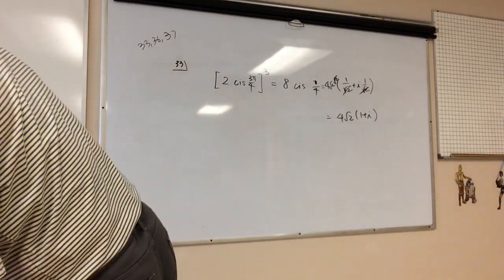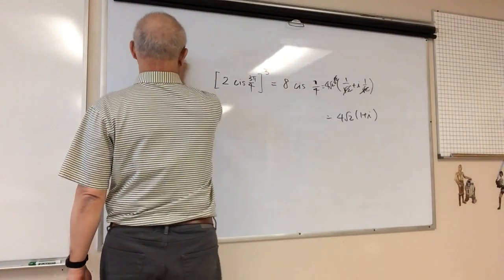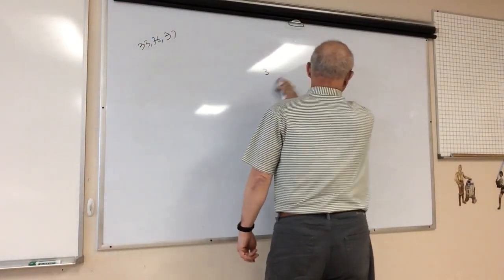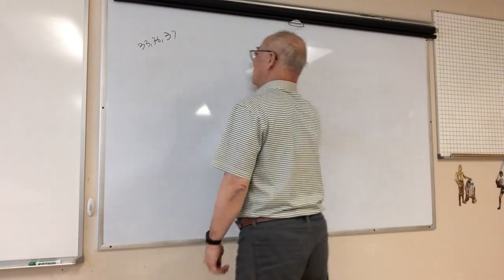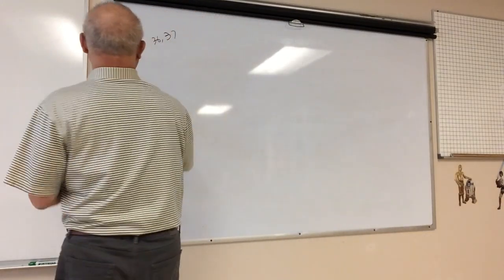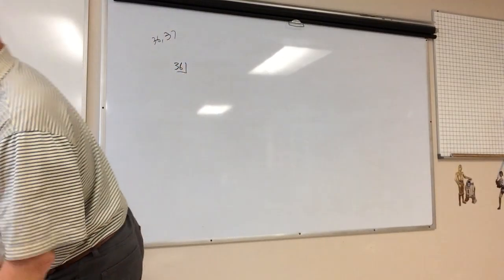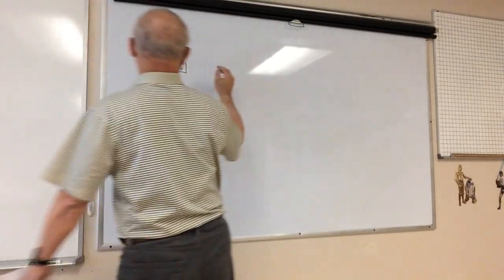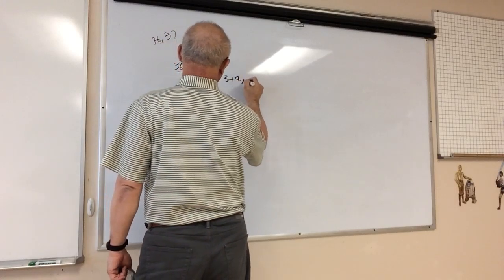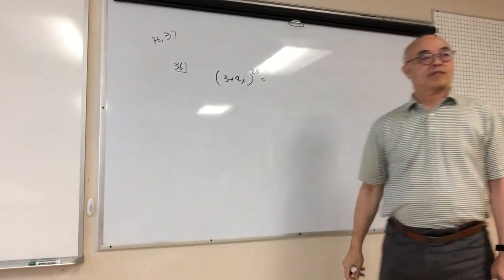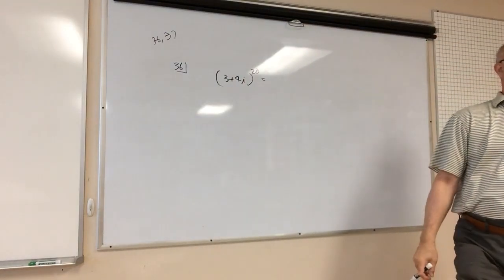Let's see if we do 36. 36 is a little more interesting, maybe because you're doing it to the 20th power. We want to know the 20th power of 3 plus 4i. So what's the first step?